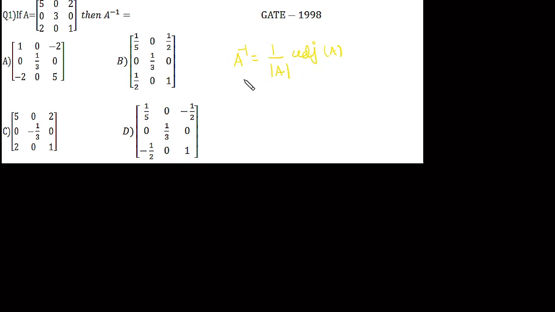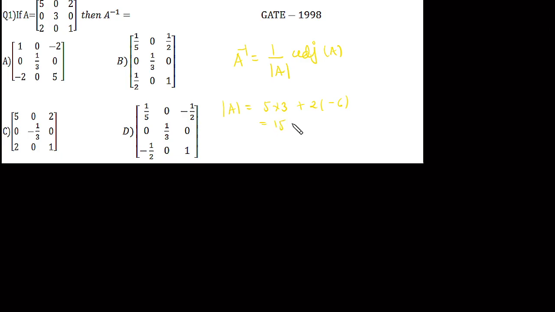Now first of all, to find the inverse, we need the value of the determinant. So let's do it here. We have to find the determinant of this matrix. What I'm getting here is 5 multiplied with 3, so 5 times 3, plus 2 multiplied with minus 6.